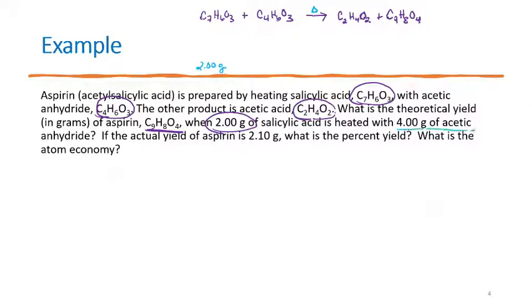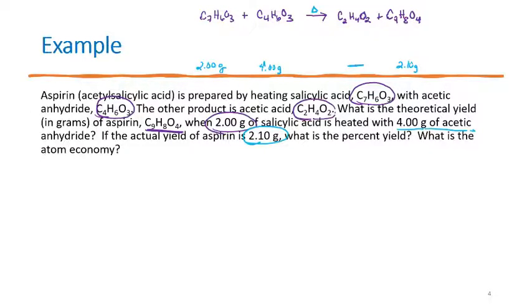With 4 grams of acetic anhydride. If the actual yield of aspirin is 2.10 grams, this is my acetic acid, so I don't care about this one. What is my percent yield, and what is my atom economy?